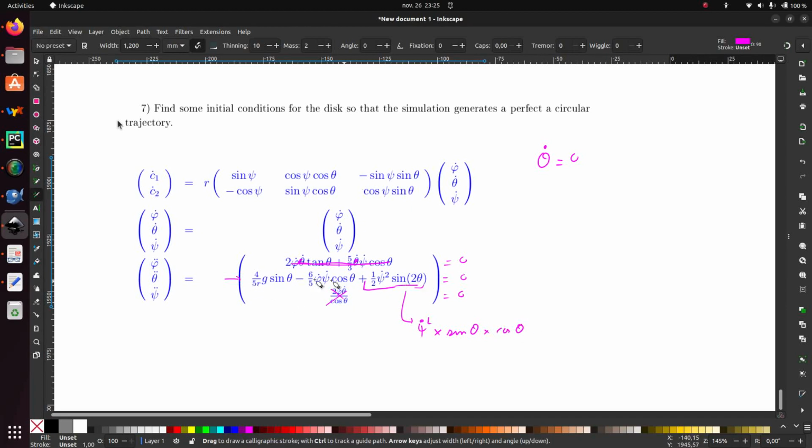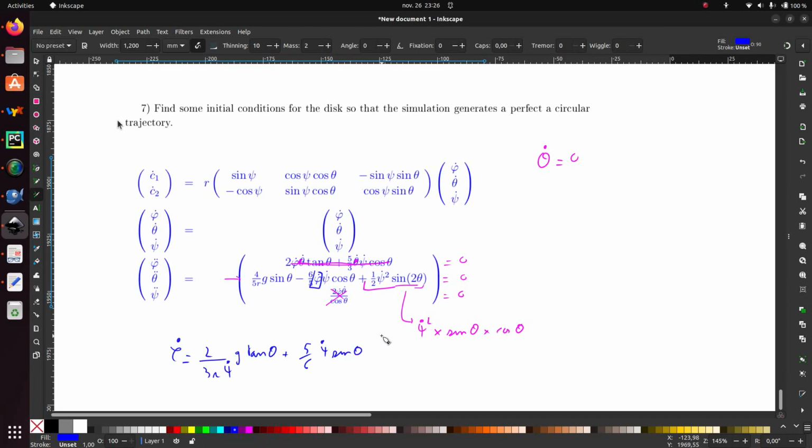So all this expression leads me, if I isolate this one, to phi dot equal to 2 divided by 3r psi dot j tangent theta plus 5 divided by 6 psi dot sine theta.